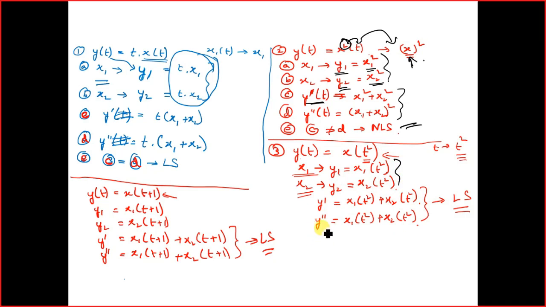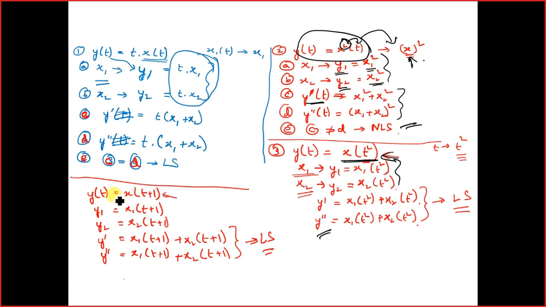In y double dash, the total input is x1 t square plus x2 t square. So this system is a linear system. However, the previous one, where we are squaring the input, is not a linear system.